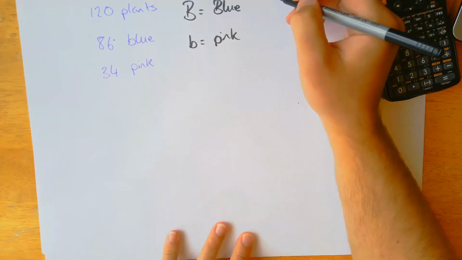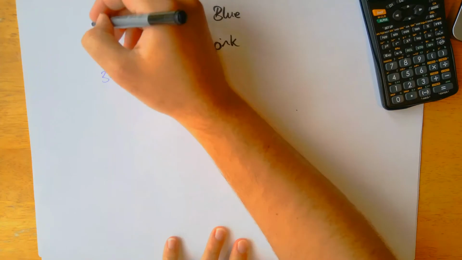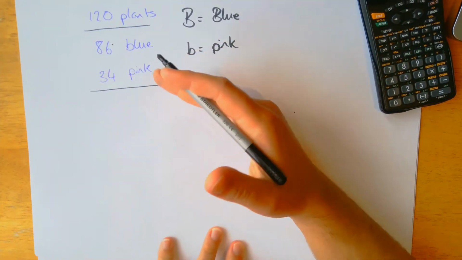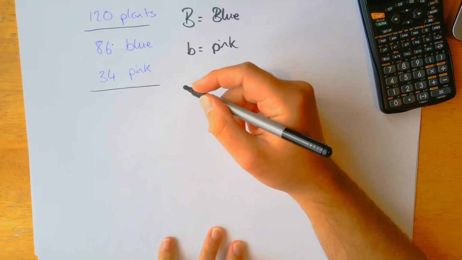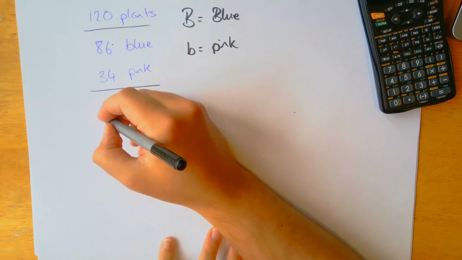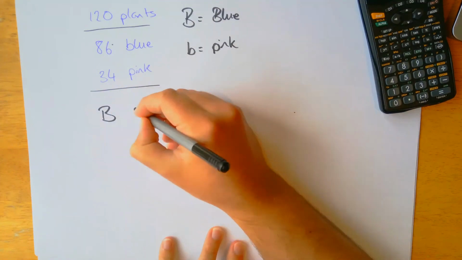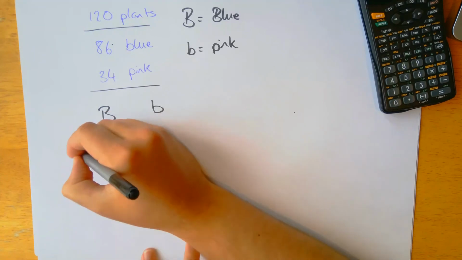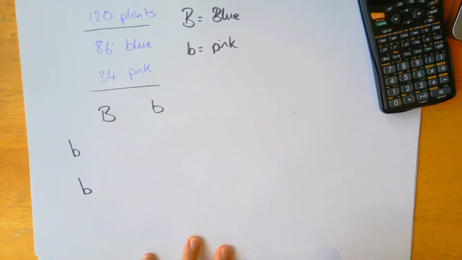And it's asking us to see if the results from this are in accordance with, or if they match, what our expected numbers would be. So we'll say that we had a heterozygous parent plant and let's go for a homozygous recessive parent plant.